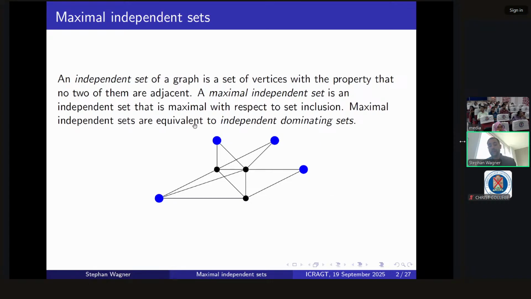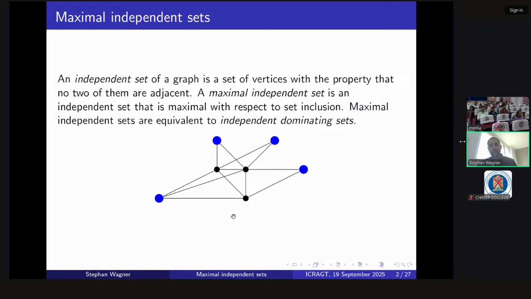But the independent set that's shown here, consisting of 4 vertices, is indeed maximal. It's not possible to add more vertices to it while keeping it independent, because all 3 remaining vertices are neighbors of at least one of the blue vertices. So that's a maximal independent set.